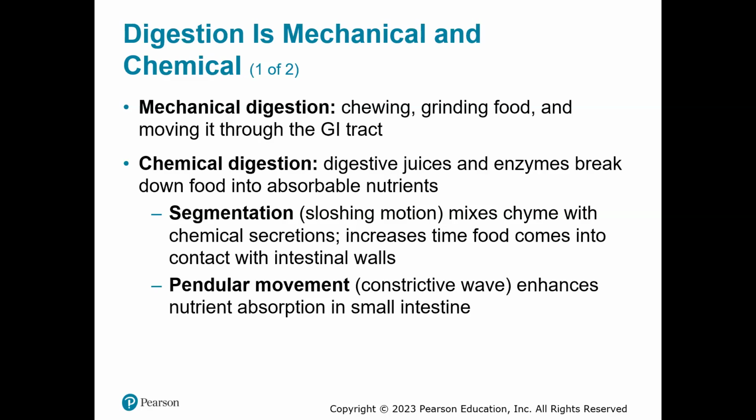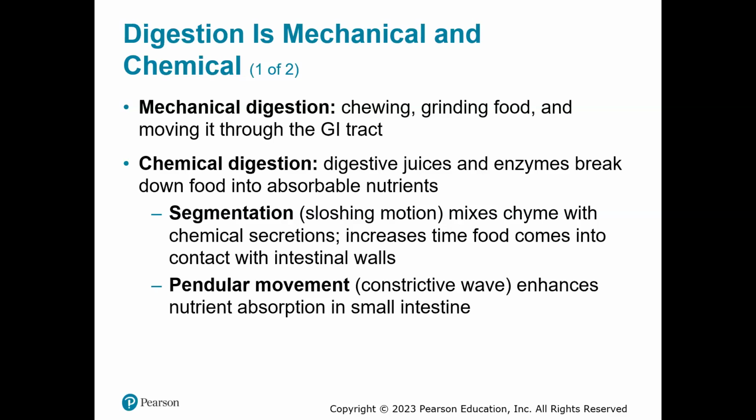There is some work that is done by the smooth muscle in the digestive tract that helps to move the contents along the digestive system. So we have segmentation, which happens in the stomach and in the small intestine, where basically it creates this sloshing motion.